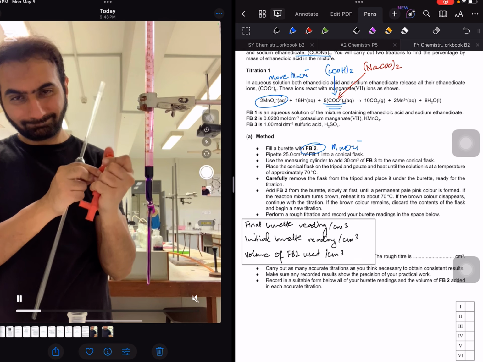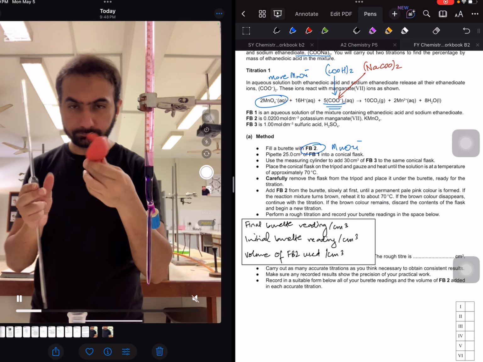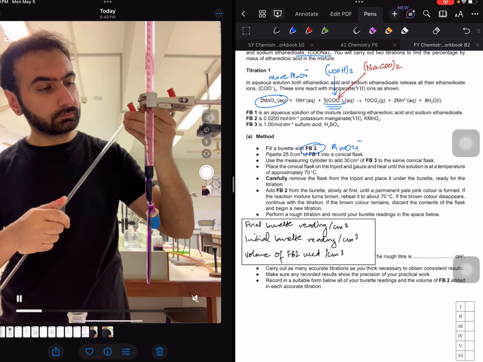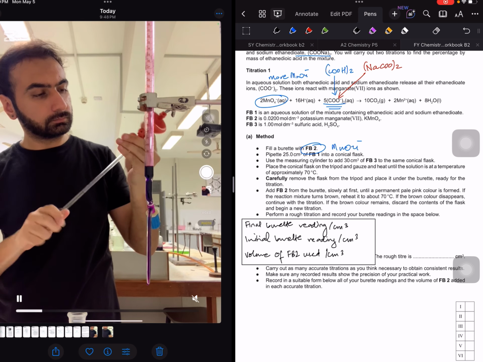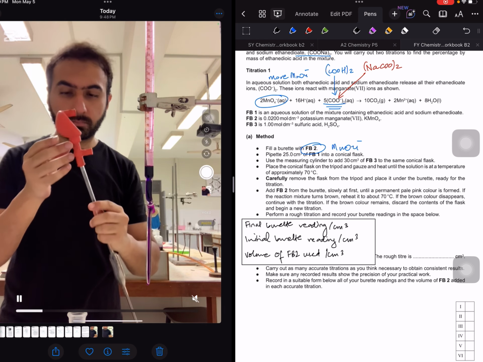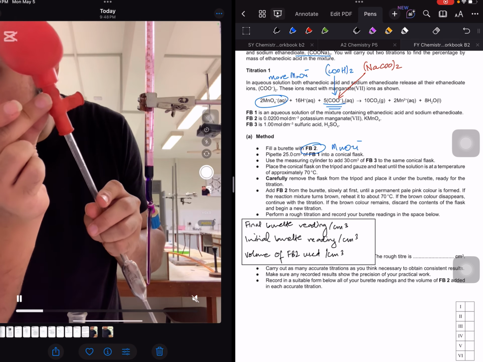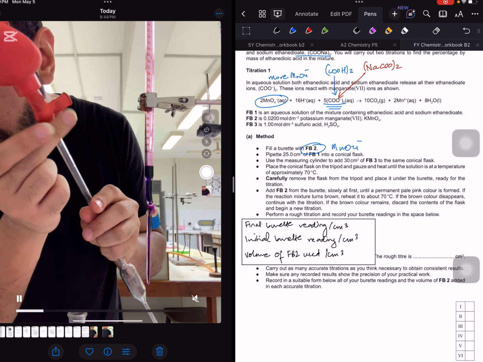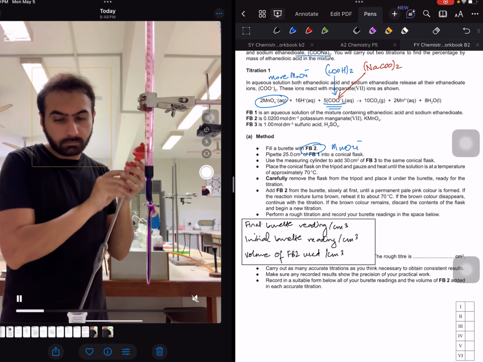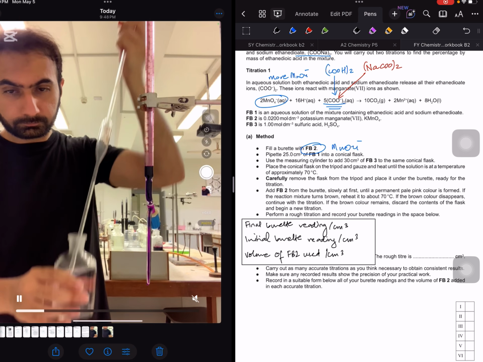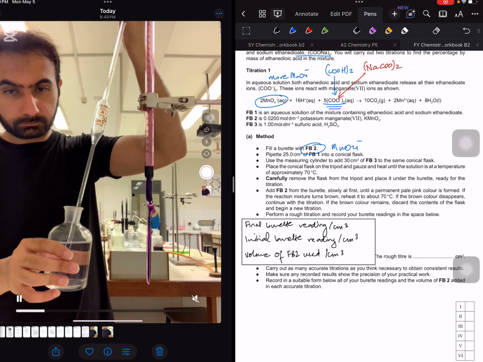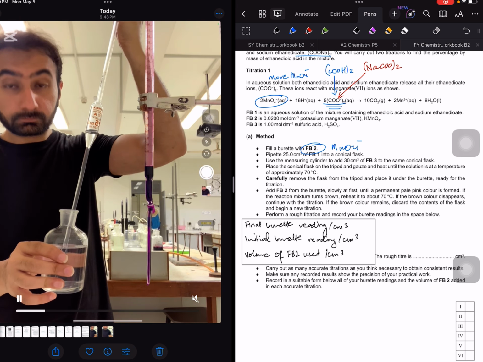So moving on, I'll fix it over here. Once done, I'm going to be taking some sample using the S knob. So I'll press it, it's going to create a suction, and some of the fluid is going to be transferred. So you can see this is how we are doing it.